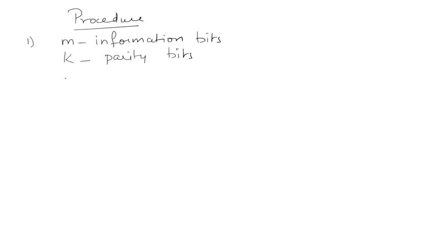So we get the code word as m plus k, the number of data bits plus the number of parity bits. So this is the first step.